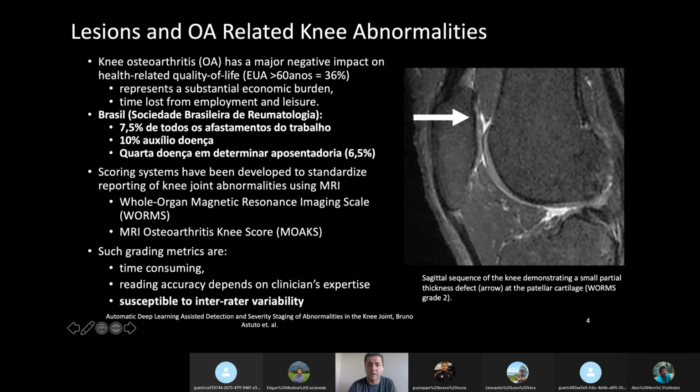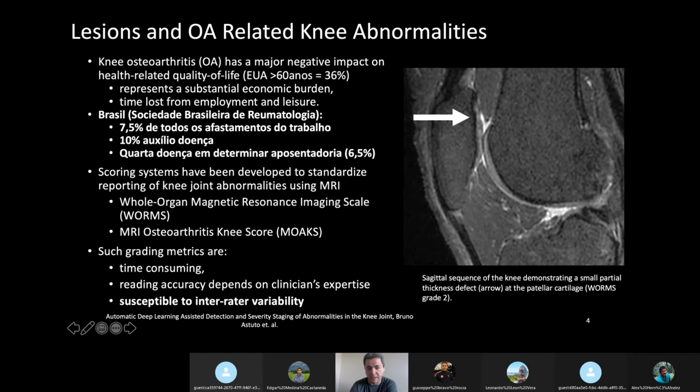So let me first give you a little bit of context on what the problem is and what we are trying to solve. This is an MRI image of the knee. It's one sagittal slice of the knee. Here you can see the patella, and this lighter structure here is the cartilage of the patella.